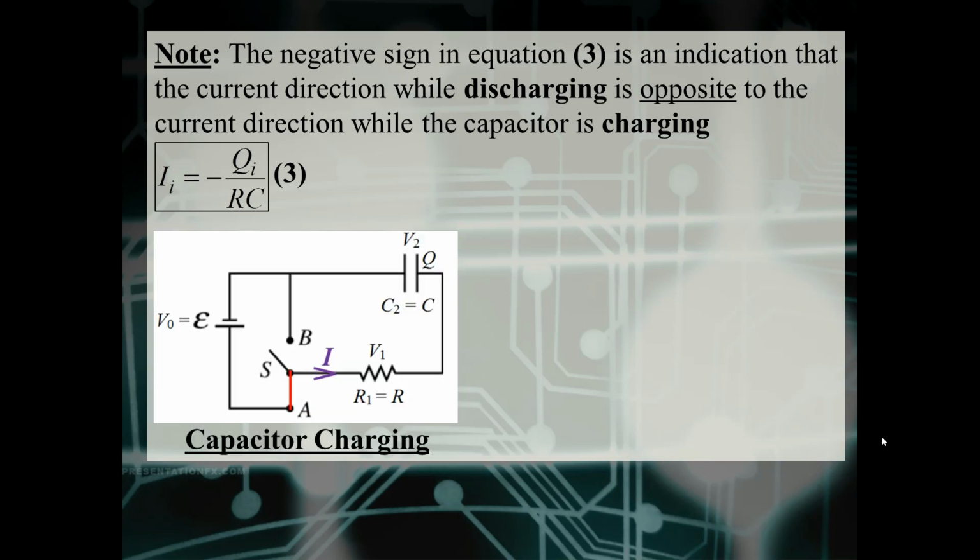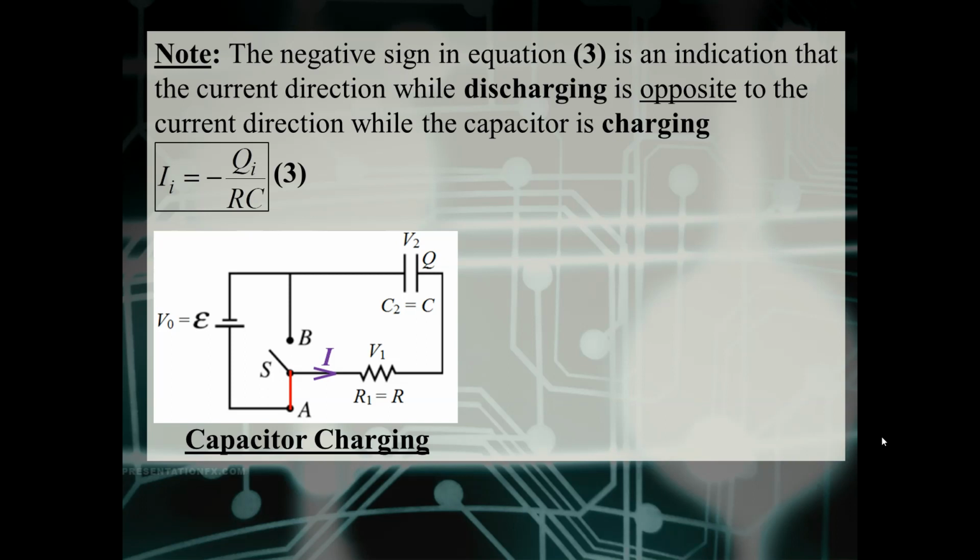So if we look at the setup of the circuit where the capacitor was charging, when the switch was connected to point A with the battery in series, we would see that the conventional current would come out of that long end terminal, and you'd have conventional current moving in a counterclockwise direction through the circuit.